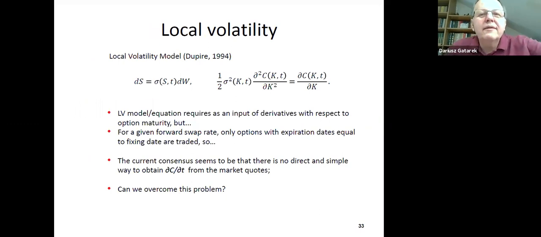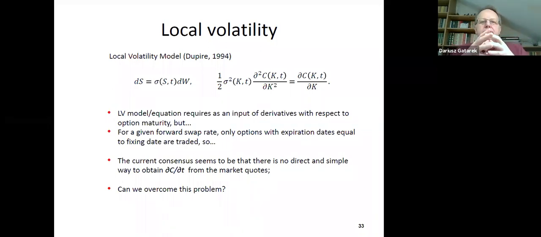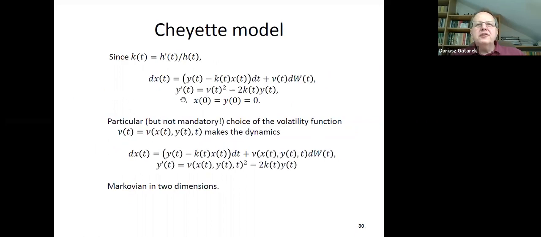Okay, the last part of my interest rate talk is about local volatility for interest rates, which was the justification for the Cheyette model.